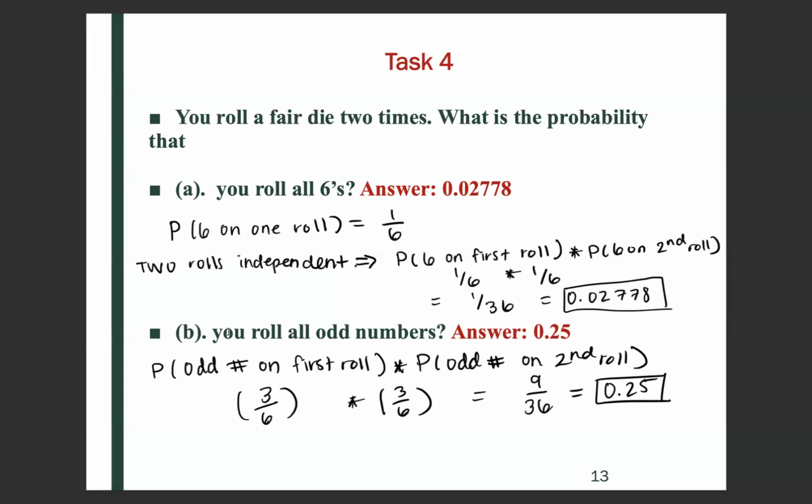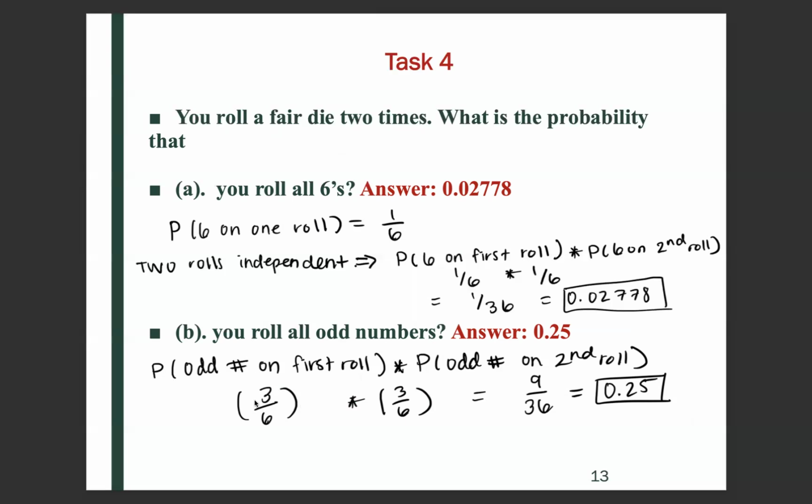What is the probability that you roll all odd numbers? The probability that you roll an odd number on the first roll and the probability that you roll an odd number on the second roll: again, we still have independence, so we can multiply these probabilities together. There are 3 odd numbers on a die: 1, 3, and 5.